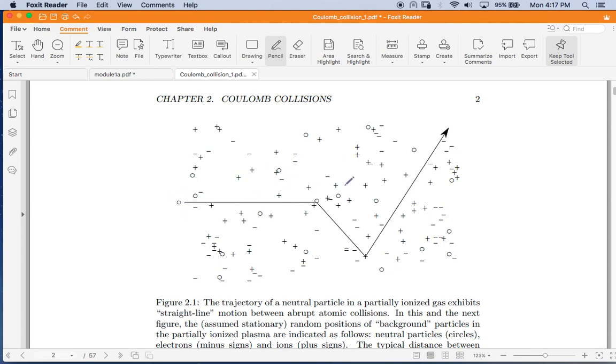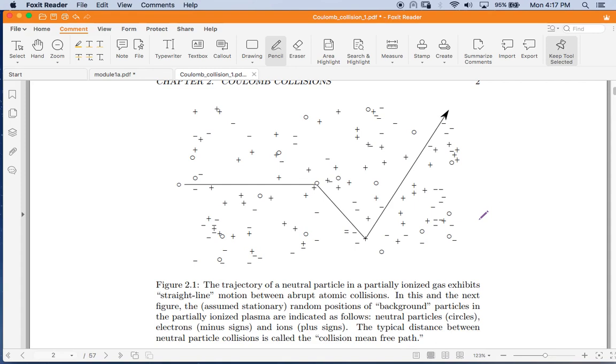So when neutral particles collide with each other, you see the trajectory is roughly a straight line, and the main thing to take home from this figure is that the deflections are relatively large, big deflections.